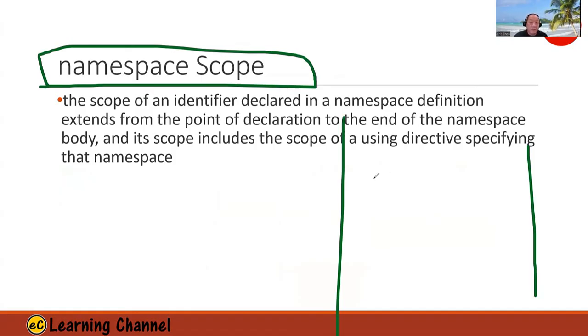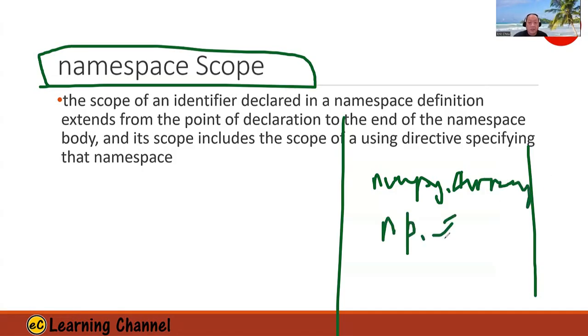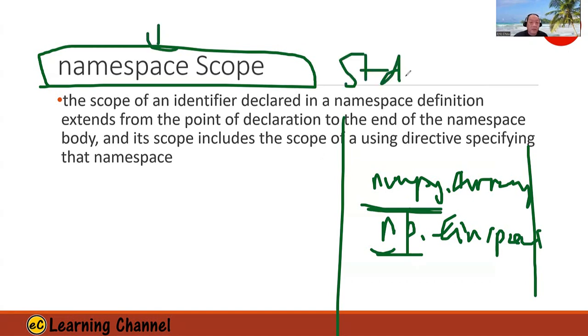Actually in Python, you have to call it like numpy array, sometimes we call it np.linspace. So this one is the domain name. Here you also have the domain name. So right now our domain name is std. So last time I told you std::endl.